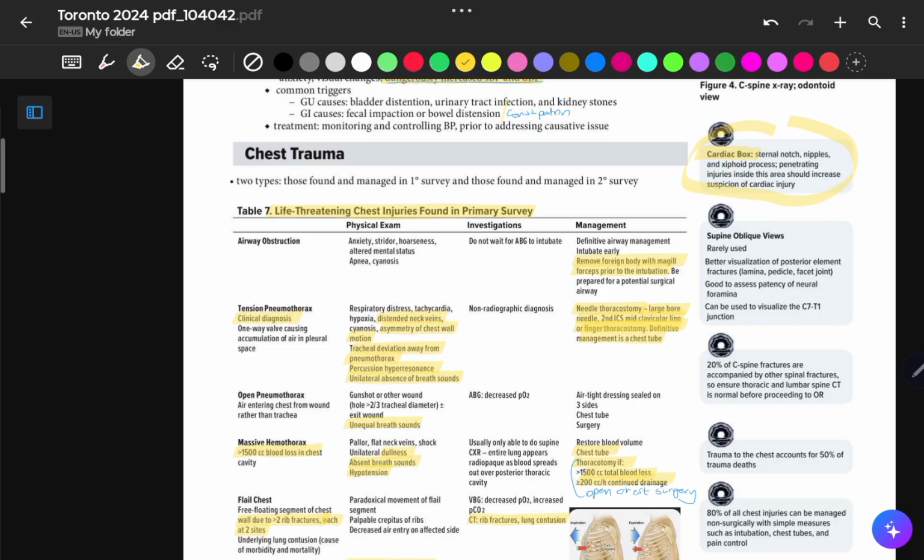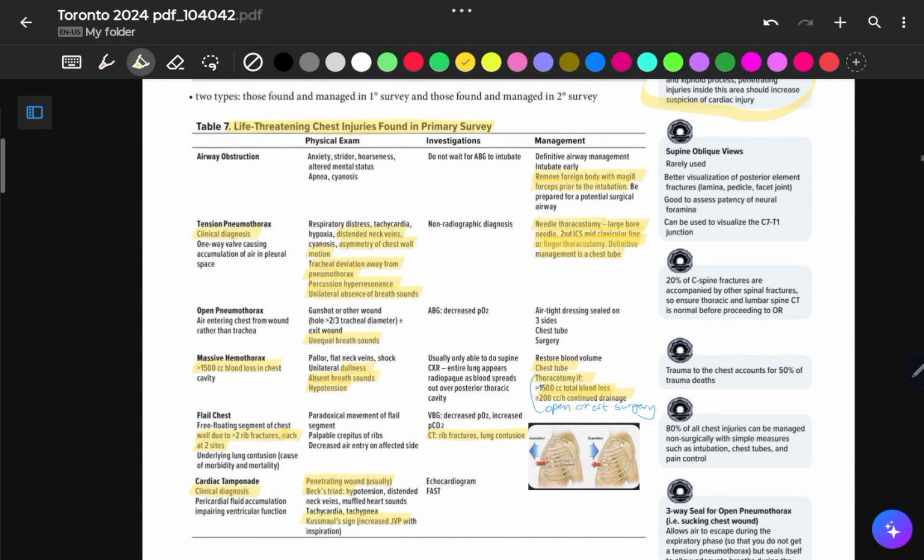So what are the life-threatening chest injuries found in the primary survey, looking at table 7? Number 1, airway obstruction. On physical examination, they're going to be agitated, they're going to have apnea, stridor, hoarseness, altered mental status.